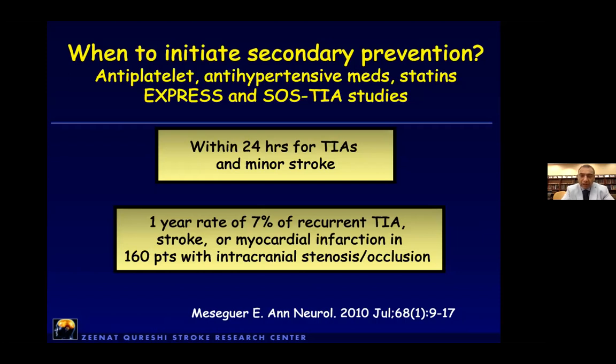The 1-year rate of recurrent transient ischemic attack, ischemic stroke or myocardial infarction was only 7% in the 160 patients that had intracranial stenosis or occlusion. So yes, early treatment does help, and early treatment is effective in preventing a second ischemic event.